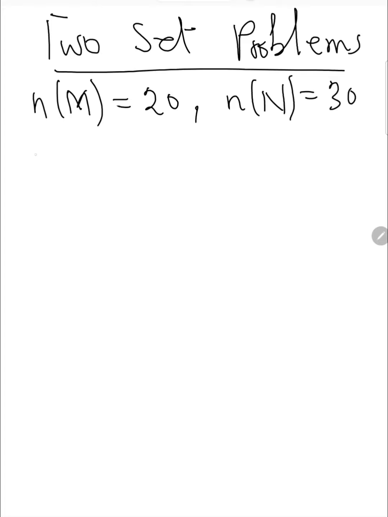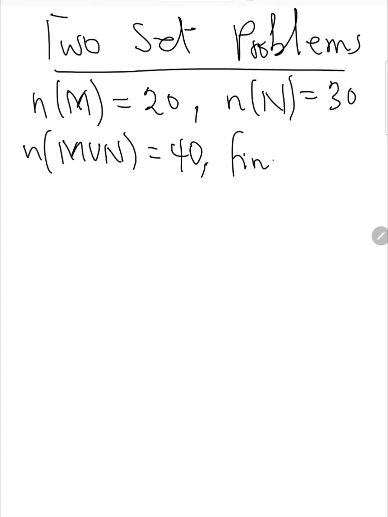If the number in set M is equal to 20, and the number in set N is equal to 30, and also the number in set M union N is equal to 40, we are to find the number of the set M intersection N.